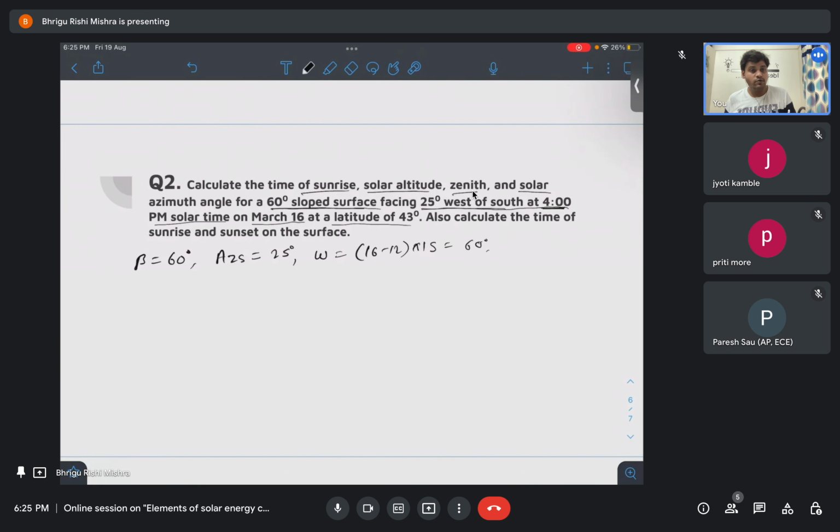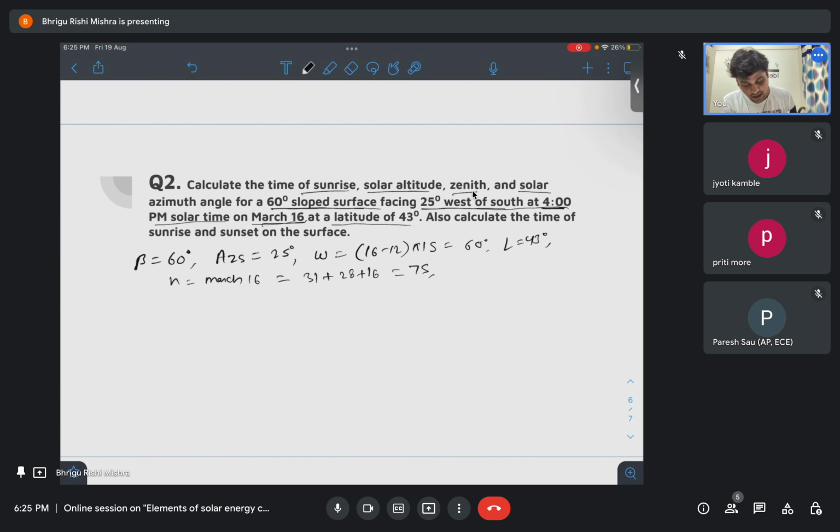Okay, so omega is 60 degree. What else are we given? Latitude is 43 degree, and the day number, March 16, means 31 plus 28 plus 16, which is 75. So n is 75.